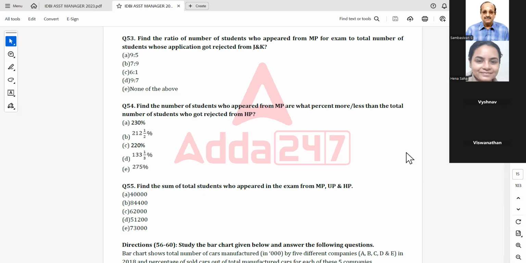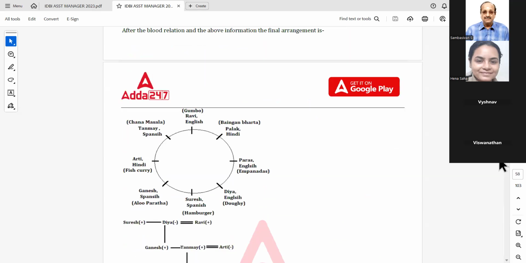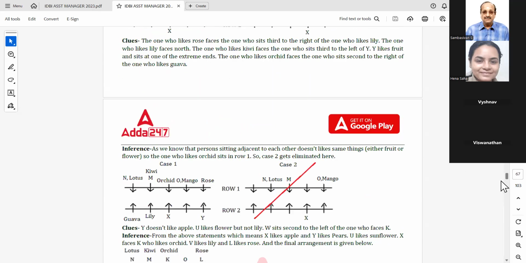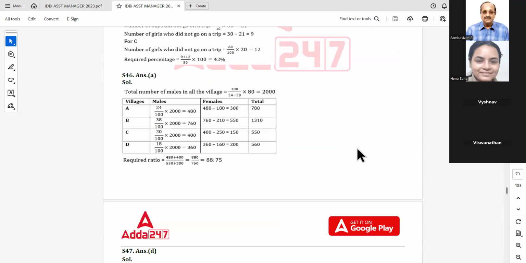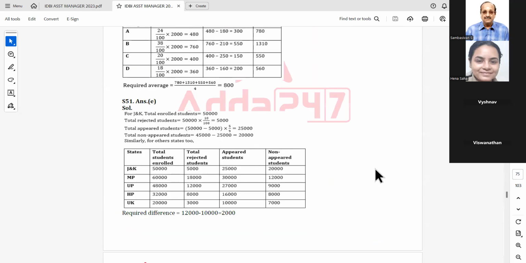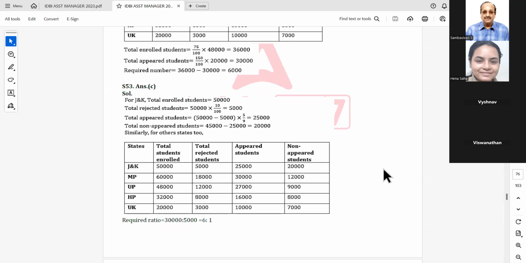Total 375, but yes, more, sir, means less 100. It will be 275. Let us see. Okay, sir. We have to reduce that 100. Correct. How much confusion are they giving?